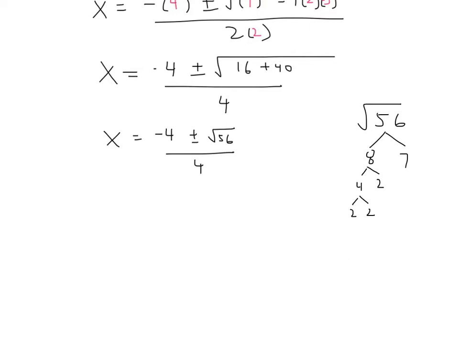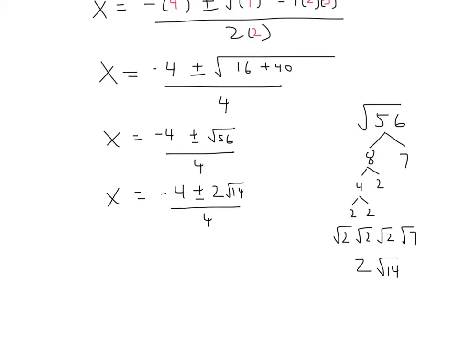So we know that the square root of 56 is the same thing as radical 2 times radical 2 times radical 2 times radical 7. And we know radical 2 times radical 2 is 2. And then radical 2 times radical 7, that's radical 14. So we would have negative 4 plus or minus 2 times the square root of 14, all divided by 4.